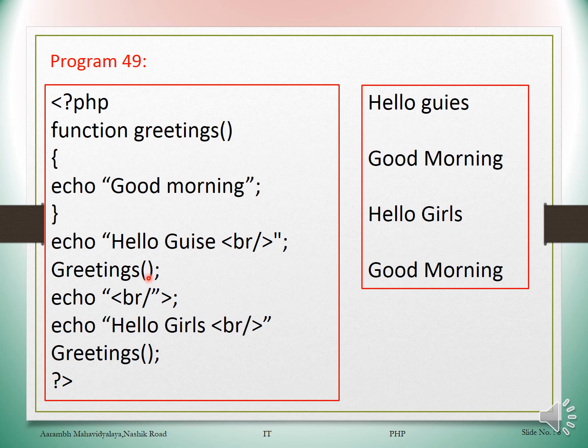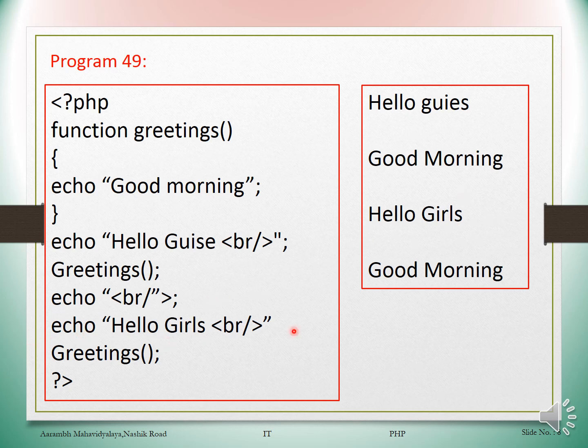Then we have called the function greetings. Now due to this function call, our cursor will go here and it will execute this statement and display the output on the next line as good morning. Then again it will come to the next statement, that is break. It will display one blank line.